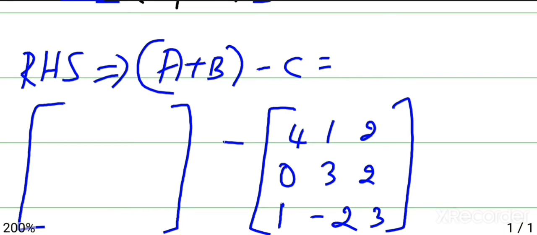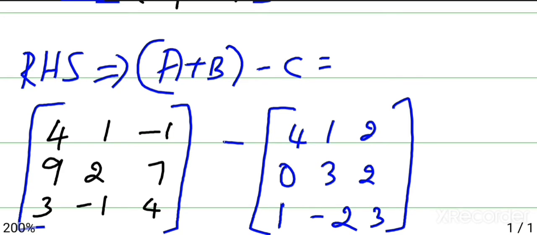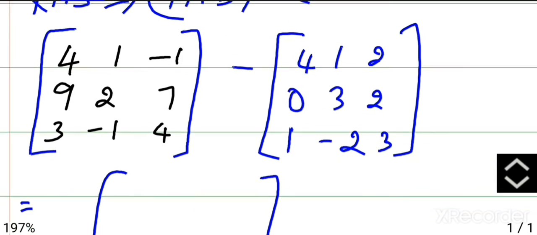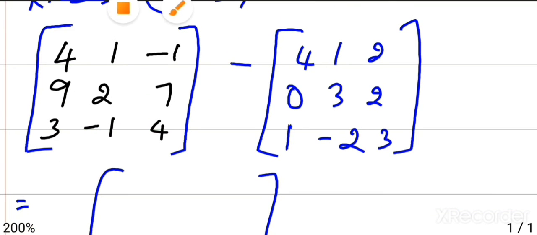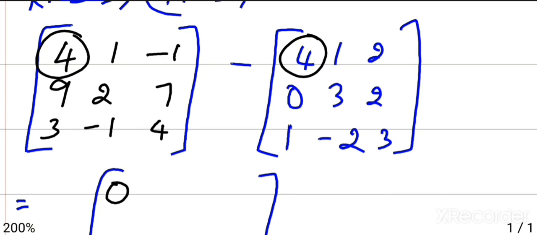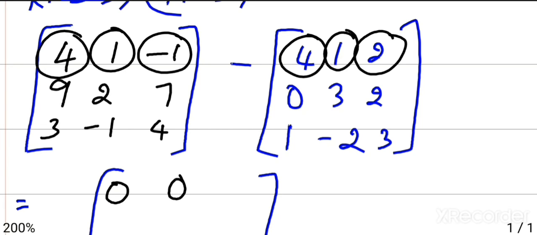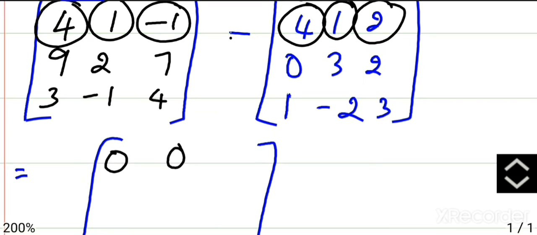A plus B minus C: for A plus B we got the answer 4, 1, -1; 9, 2, 7; 3, -1, 4. So what do we have to do? We have to subtract them. By subtracting, 1 minus 1 will get 0. 1 minus 1 is again 0. Minus 1 minus 2, the minus we have to consider inside, will be minus 3.